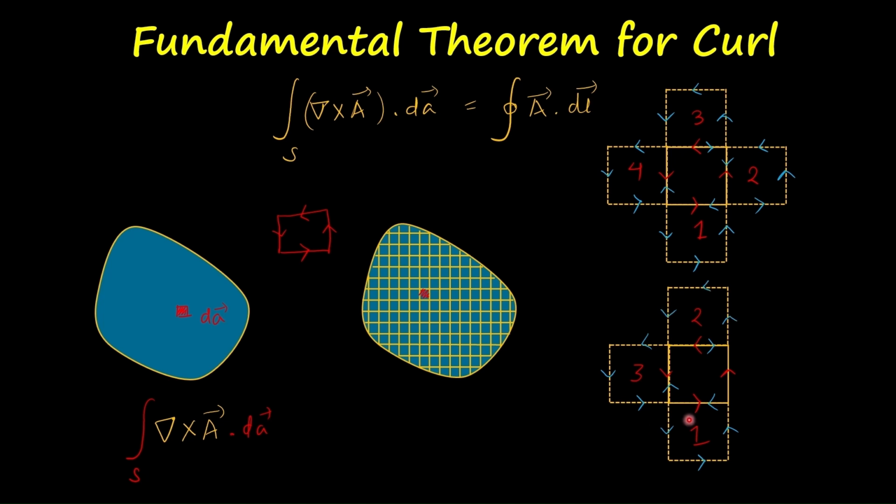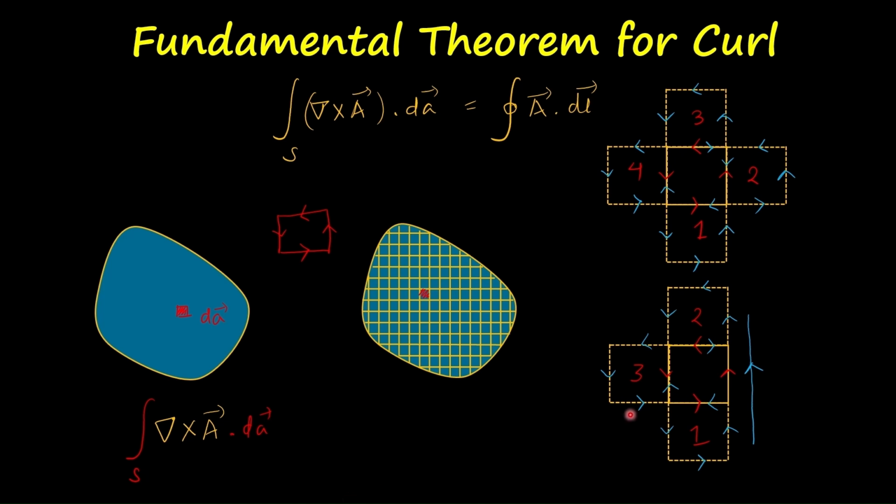Now here you can see that the inner portion of the path, here and here, gets cancelled. It cancels out, but the one at the boundary remains. For 2 also, the inner one will get cancelled out, but the one at the boundary will remain. So the net circulation of this vector will be along this direction.